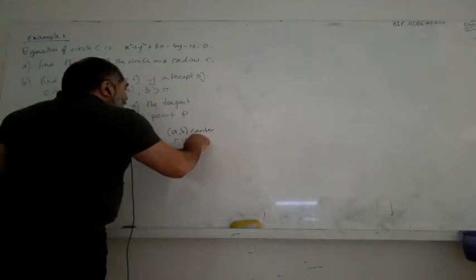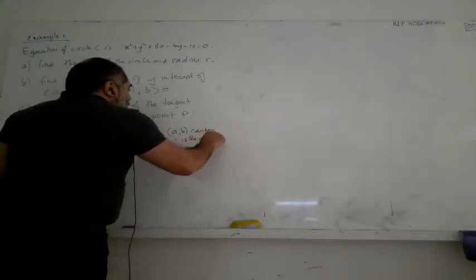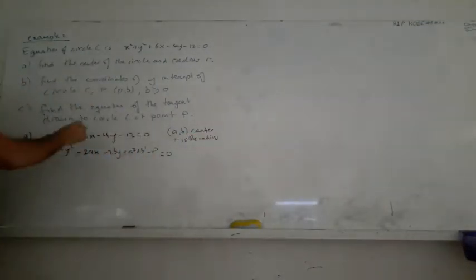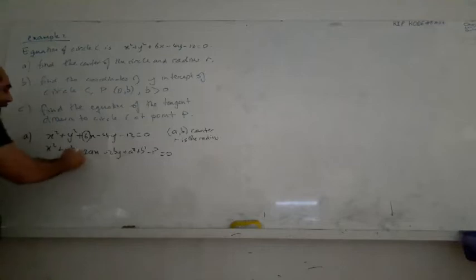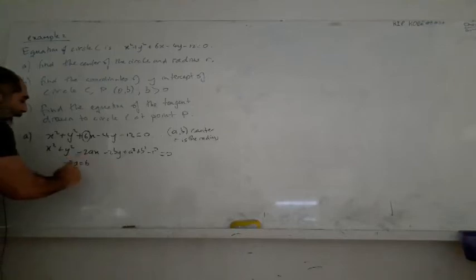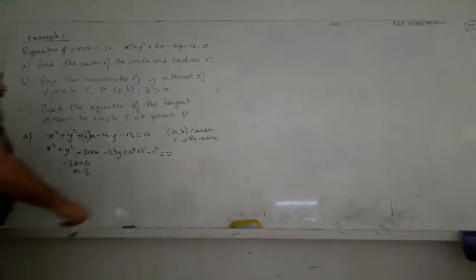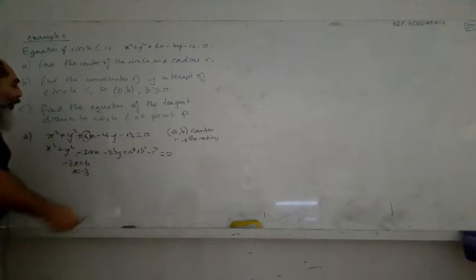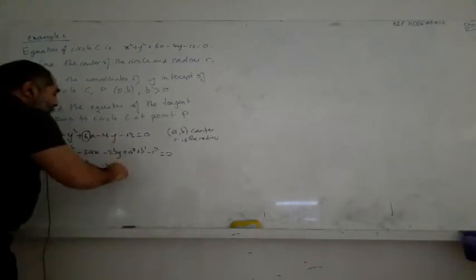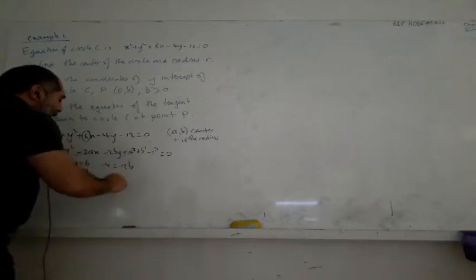Here, when we check, the coefficient of x is 6. Here the coefficient of x is minus 2a, so minus 2a is equal to 6, a is equal to minus 3. Here the coefficient of y is minus 4, the coefficient of y is minus 2b, b is equal to 2.